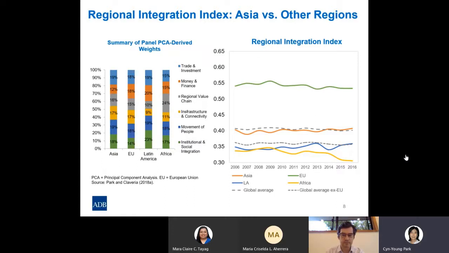In the left-hand panel, you also see the contribution of the 6 different dimensions to the overall regional integration index. And in Asia, trade, investment, and movement of people show a strong contribution to this regional integration.